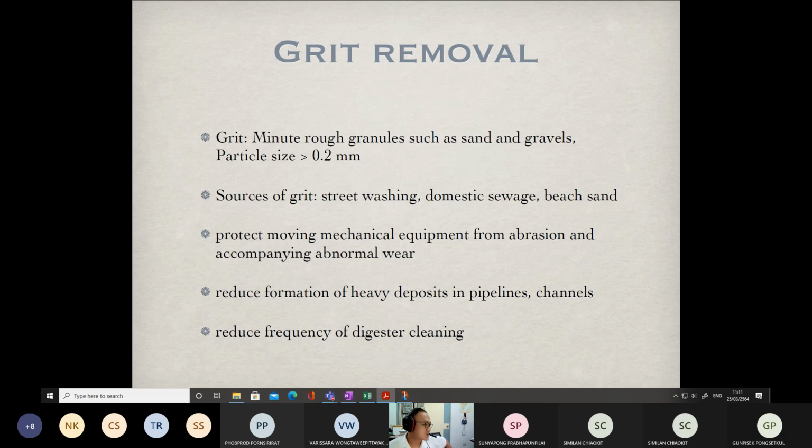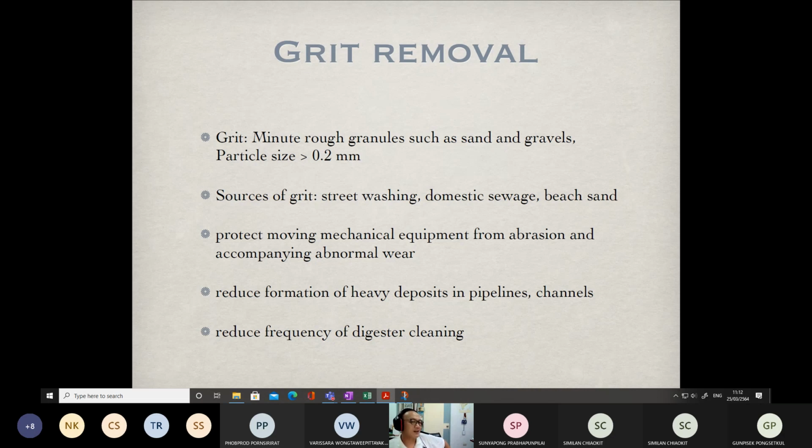In wastewater treatment, we will experience a lot of grit entering the plant. So mostly we need to install this unit operation at the wastewater treatment plant.